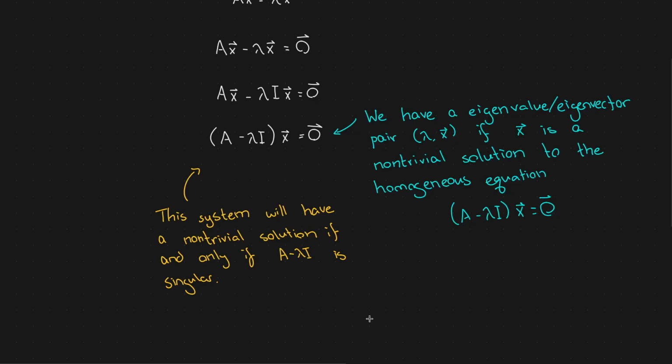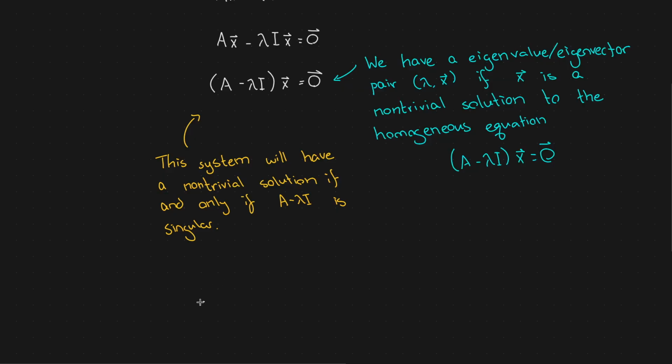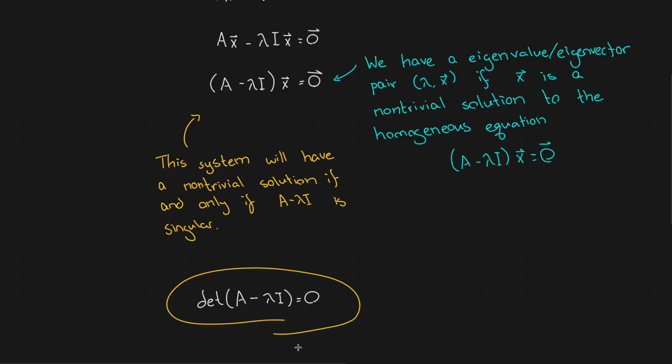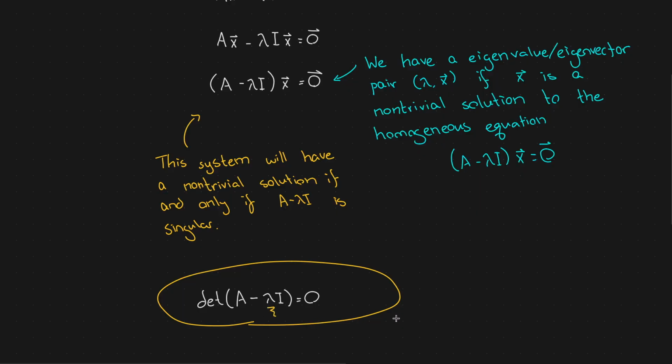Now we can test if a matrix is singular. One way that we've learned is by taking the determinant. So we want the determinant of A minus lambda I to be 0, because we know that the determinant of any singular matrix is 0. This actually gives us an equation for solving for the eigenvalues of the matrix. If we can find all values of lambda that make this equation true, then we will find all eigenvalues of the matrix. We call this equation the characteristic equation.